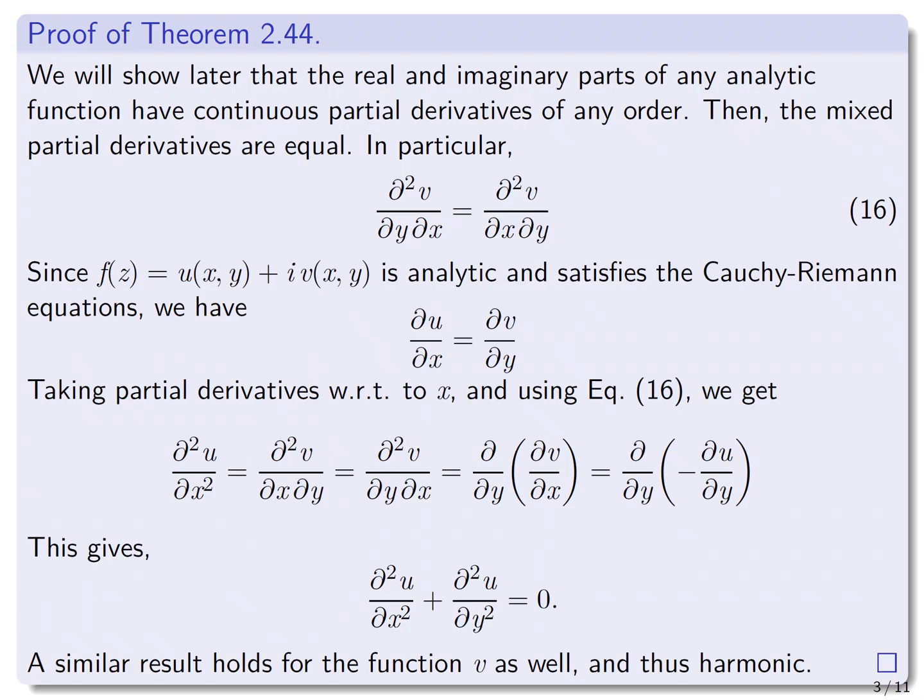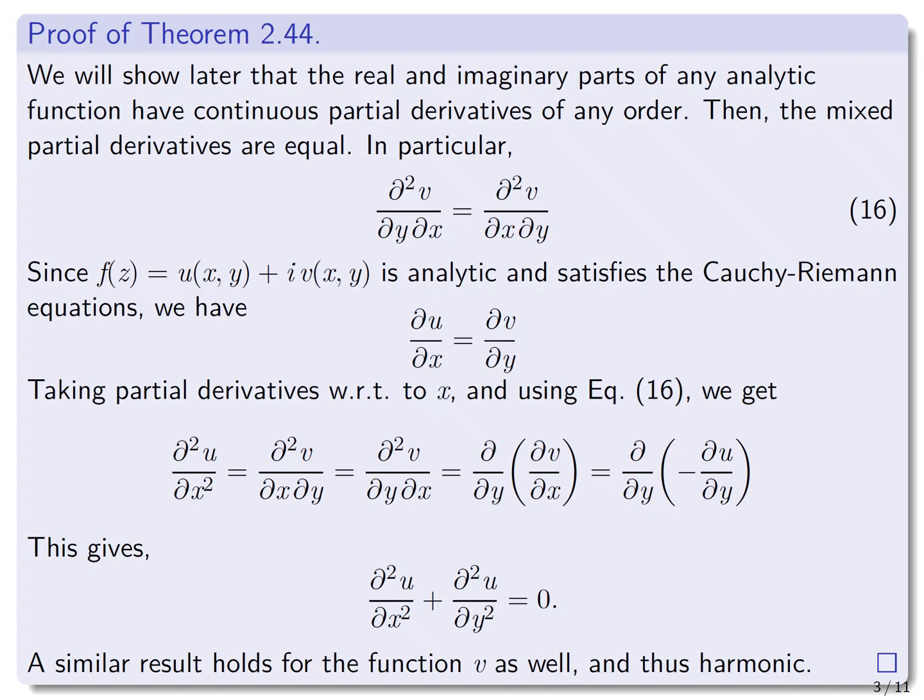Let's look at the proof of the theorem. So again, what the theorem says is, if we have an analytic function, the real and imaginary parts are harmonic. So let's see how we can prove this. Actually, we can prove this result using the Cauchy-Riemann equations.